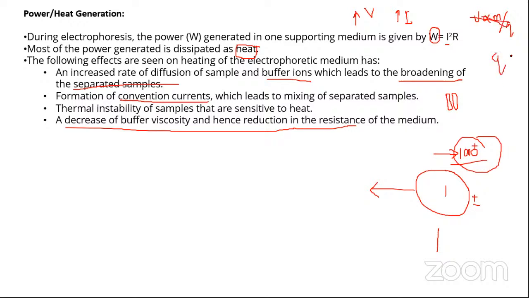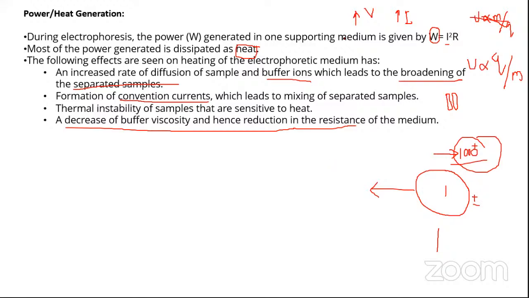So if I talk about velocity of movement, buffer ions are too small, so mass is very low and charge is very large. However, if I compare it with sample ions, then the charge is too low and mass is very large because sample ions are mostly macromolecules, bigger in size than buffer ions, right?